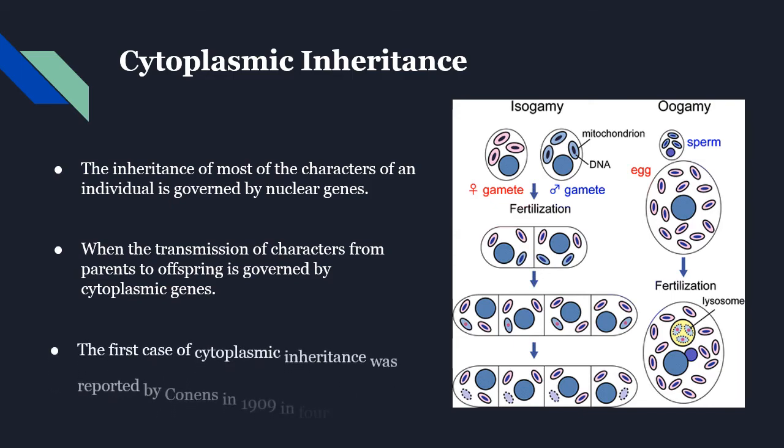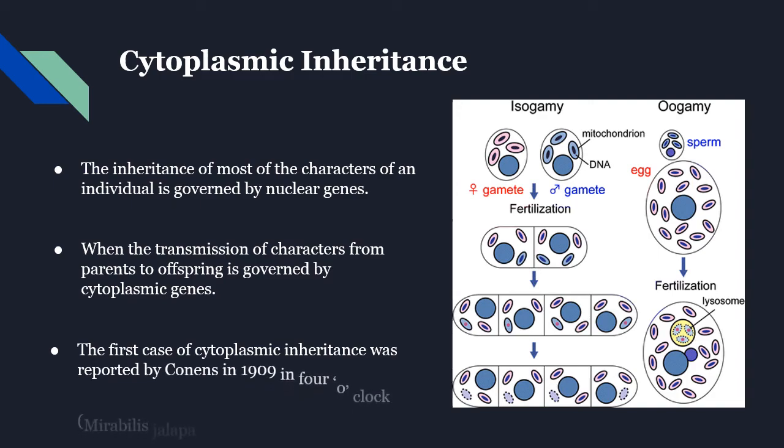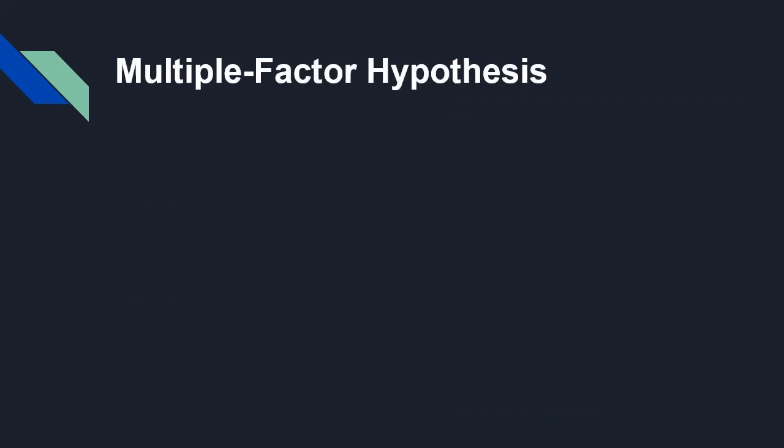The first case of cytoplasmic inheritance was reported by Correns in 1909 in four o'clock plant, that is Mirabilis jalapa, for leaf color. Later on, cytoplasmic inheritance was reported by various workers in various organisms.